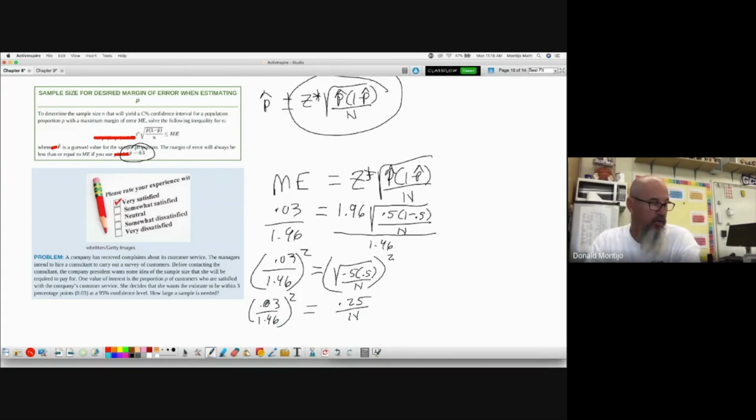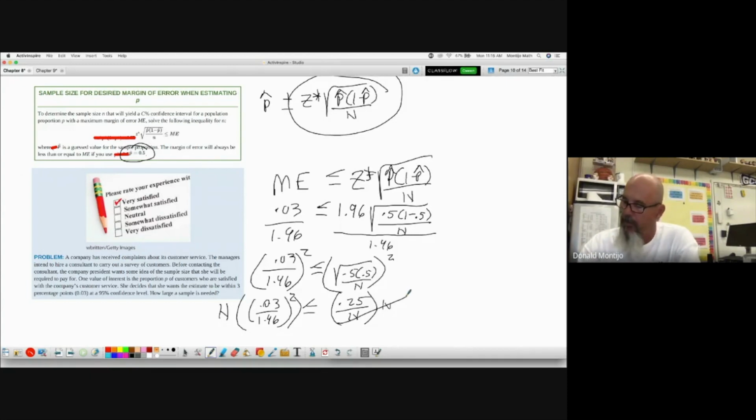Well, I'm getting close. So now I need to get n all by itself. And remember, I want a margin of error of less than or equal to, so I should be consistent here in putting those there. Less than or equal to 0.03. So if I multiply both sides of this equation by n, that will make these cancel out.